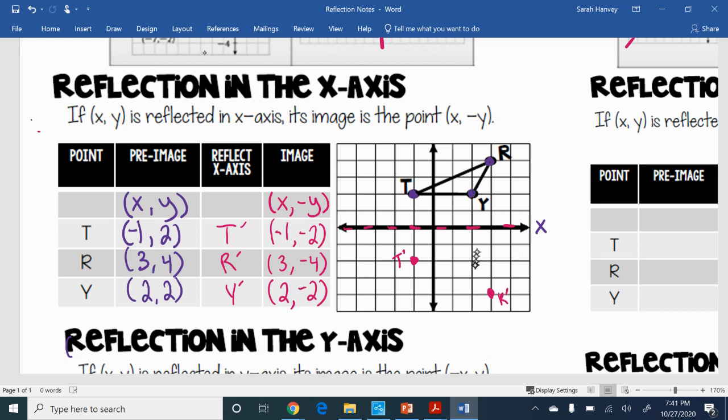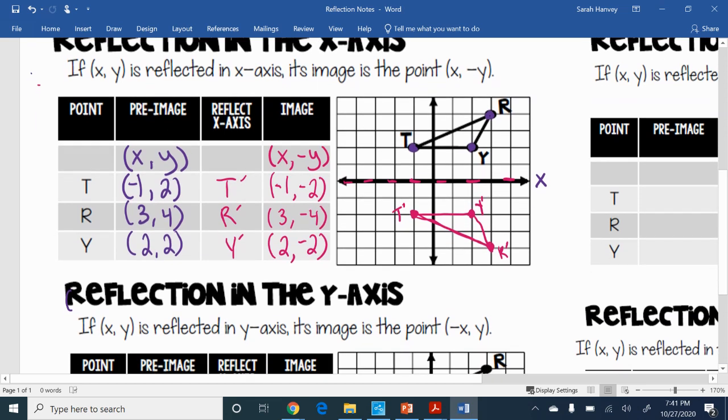And then the last one is going to be right 2, down 2, and that is your Y prime. And then you just do the best you can at connecting those with a fairly straight line. Hopefully you do a better job than I did. But hopefully you can visually see that this image is reflected over that x-axis over here.